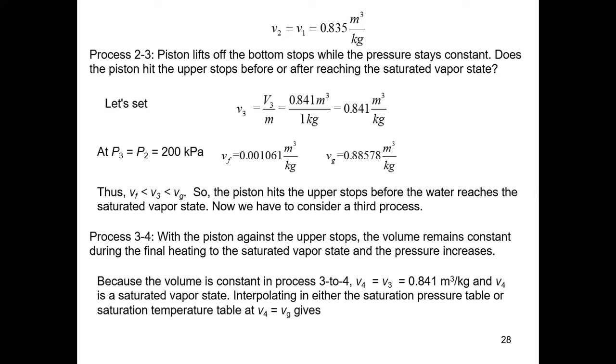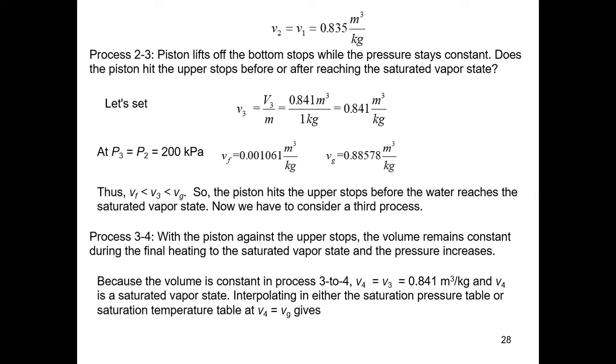Now you have to consider a third process, process 3 to 4. With the piston against the upper stop, the volume remains constant during the final heating to the saturated vapor state and the pressure increases. Because the volume is constant in process 3 to 4, V4 is equal to V3, 0.841 meter cube per kg, and V4 is a saturated vapor state.